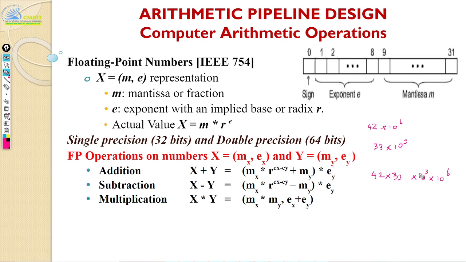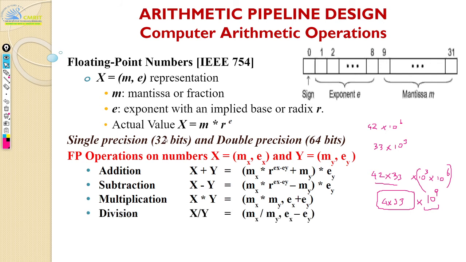So the exponent becomes 10 to the power 9, since 3 plus 6 is 9. And then you do 42 times 33. This becomes your mantissa portion and this becomes your exponent portion. So it's fairly simple to do multiplication in floating point.